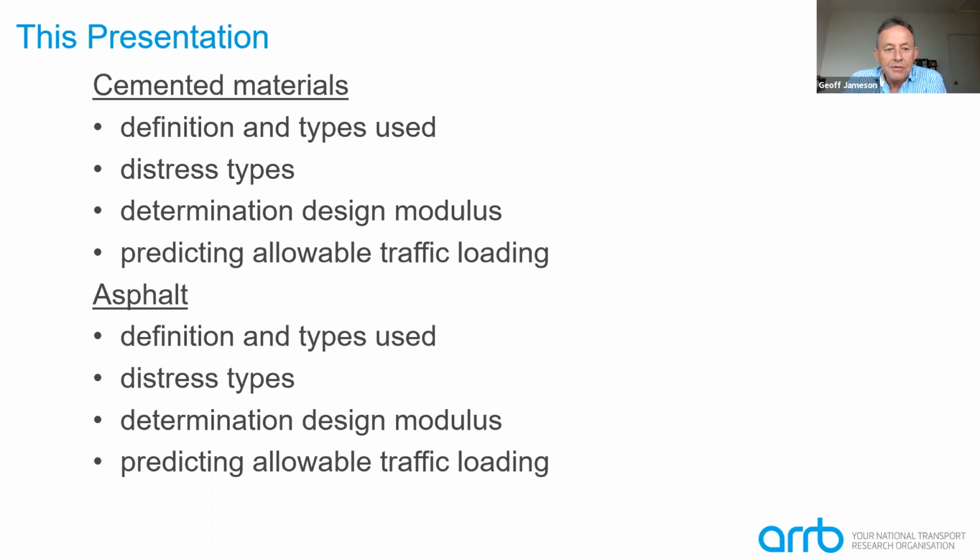Similarly for asphalt, I'll be going through the types of asphalt that are in use, the stress types that we design for, processes we use to calculate the design moduli, and again, the process to calculate the allowable traffic loading for an asphalt layer.